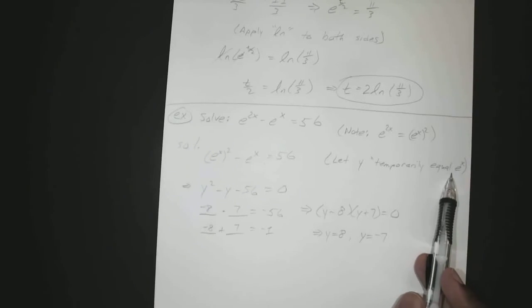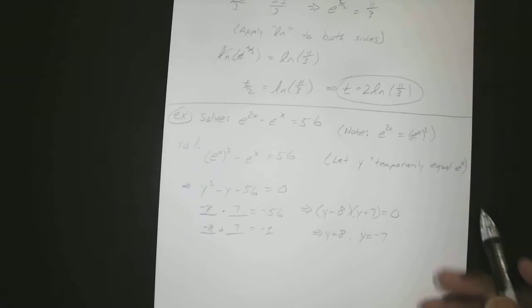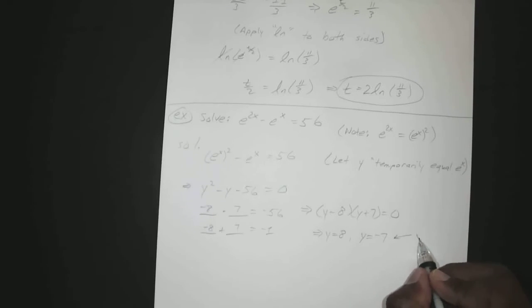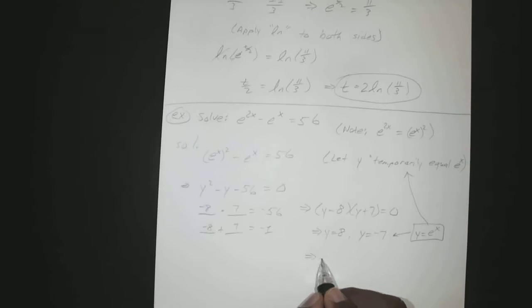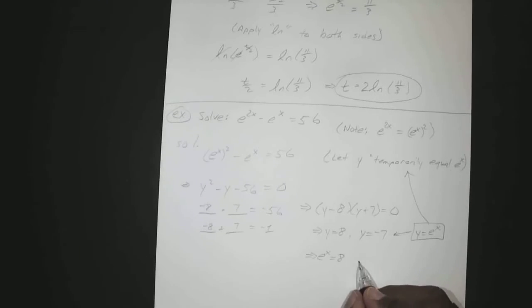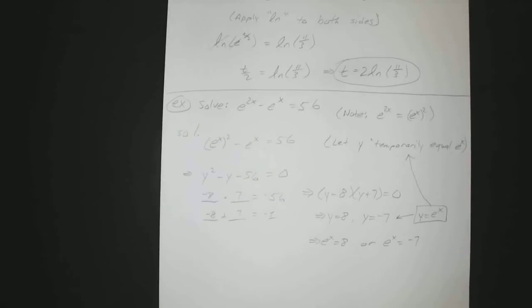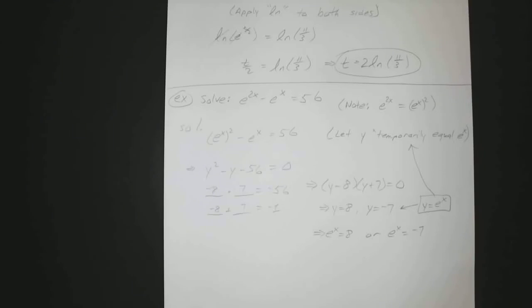Now we know that y is equal to e to the power of x. Because remember, that was just temporary. So that means e to the power of x can equal 8, or e to the power of x can equal -7. Okay. Which is okay, but we don't want to know e to the power of x. We want to know actually x.